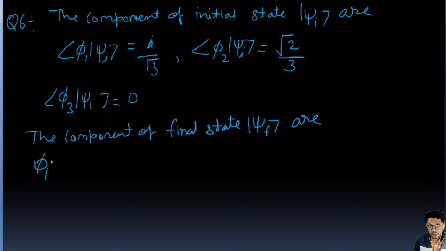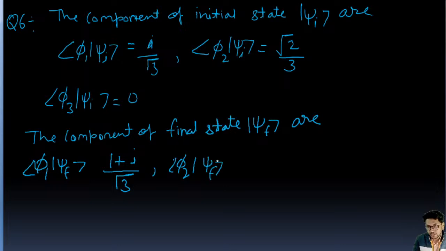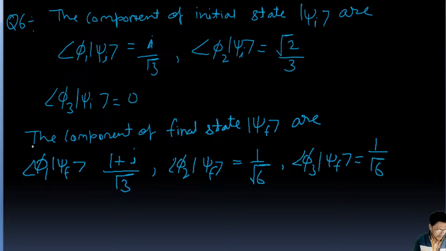Phi 1 with psi f is given as 1 plus i root 3, phi 2 with psi f is given as 1 upon root 6, and phi 3 with psi f is given as 1 upon root 6. This is given. Now find the probability of finding the system in the state psi f.